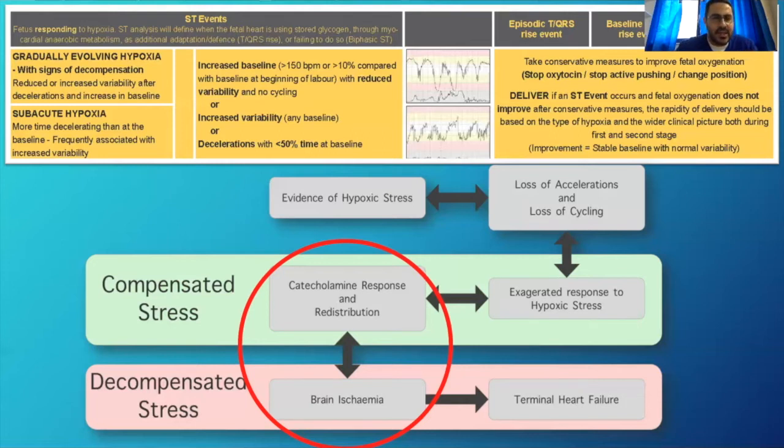Ideally, we don't want STAN to alarm. So if we have seen the changes happening, we want to make this baby happier while we still have the time. Obviously, if STAN starts alarming, then we need to make this baby happier much, much sooner. And if we can't do that, then we definitely need to deliver this baby. Does that make sense?